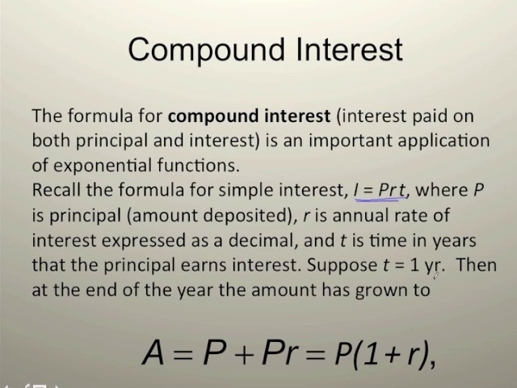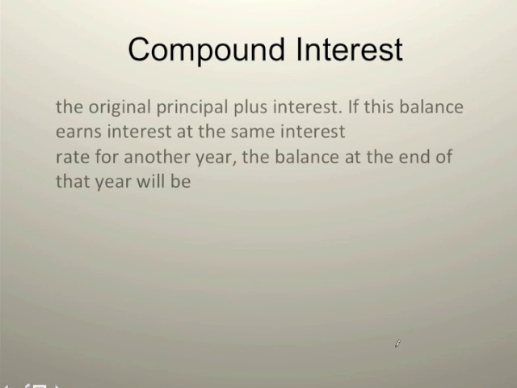Suppose T equals 1 year, then at the end of 1 year the amount has grown to the principal plus the principal times the rate, that's the amount of interest, equals P times 1 plus R. That's the original principal plus the interest.